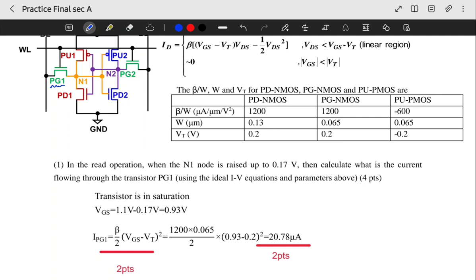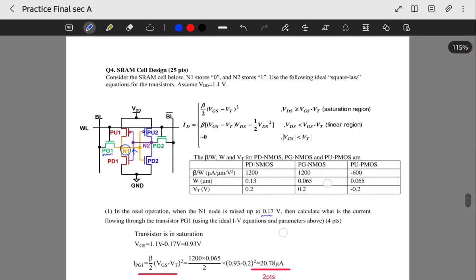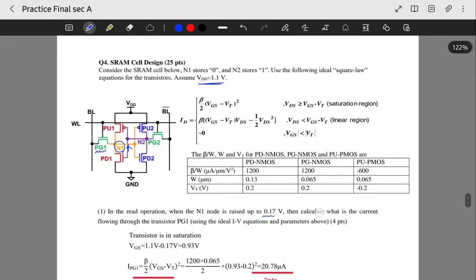First thing you have to identify is whether this is the saturation region or triode region. Here VGS, the N1 node here is raised up to 0.17, and you have 1.1 as VDD.